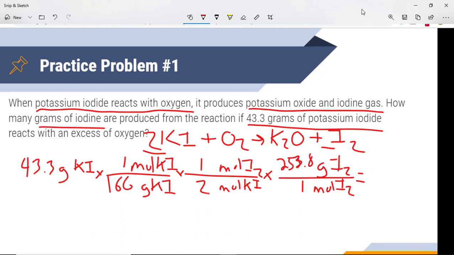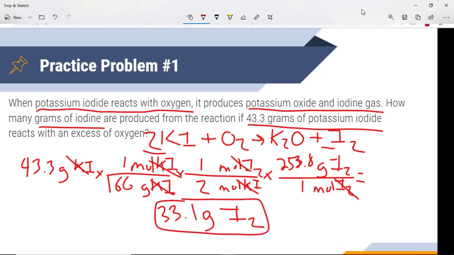Everything looks like it's set up correctly. All of our units cancel out, except for grams of iodine, which is perfect. We need 3 significant figures in our answer. Just plug in your calculator and solve. What we end up with is 33.1 grams of iodine.